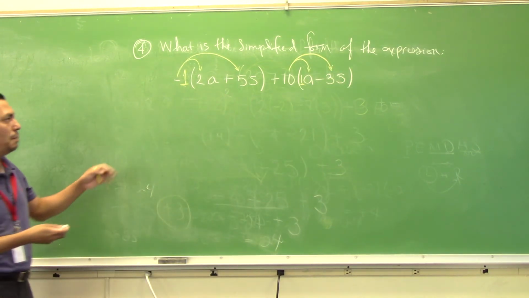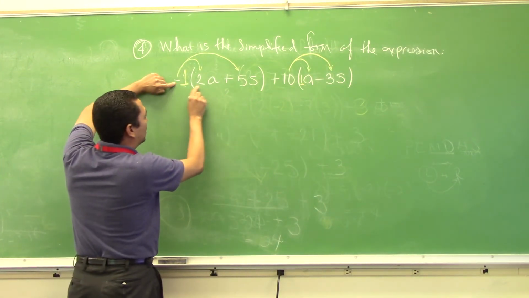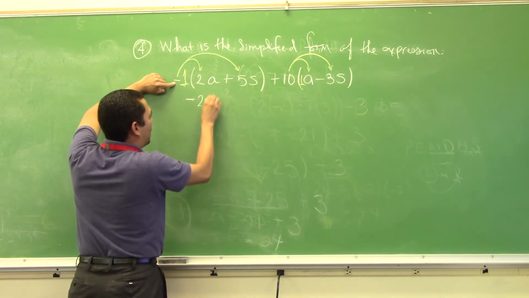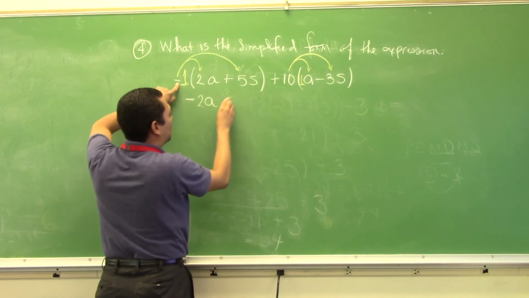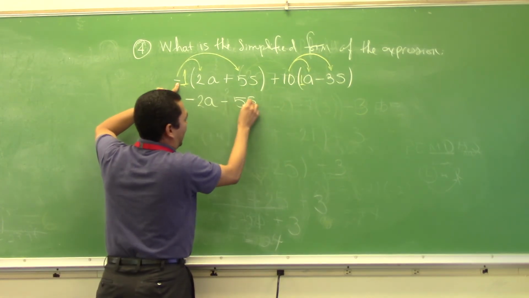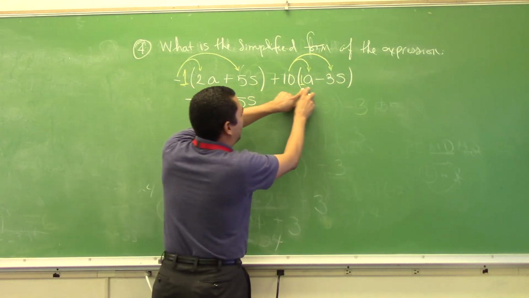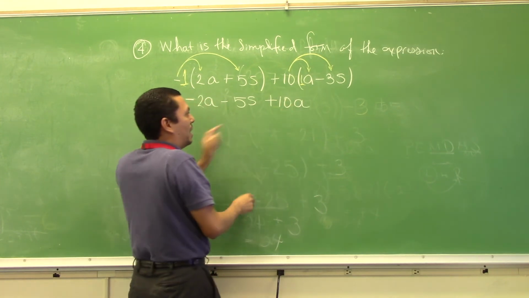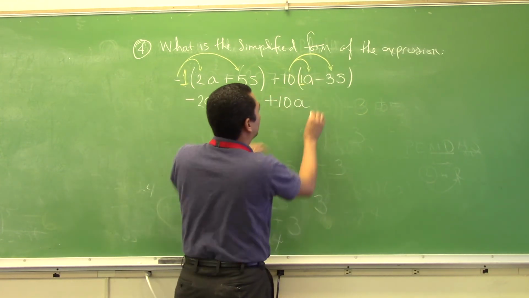And then apply the distributive property: negative 1 times 2 is negative 2a, negative 1 times 5 is equal to negative 5s, 10 times 1 is plus 10a, and then 10 times negative 3 is equal to negative 30s.